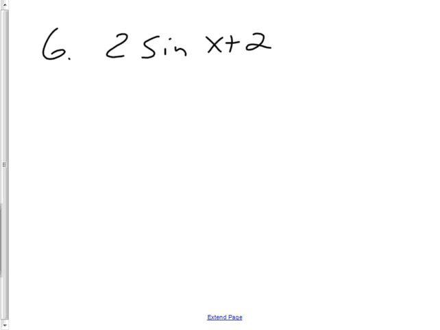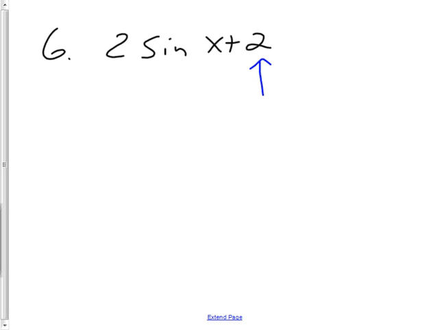All right. Now here's an important moment. Do you know that it's important that there's not parentheses right there? Because if there were parentheses right there, that would be a left-right kind of a shift. Versus since there's not parentheses right there, that's just to move the whole graph up 2 kind of a deal.